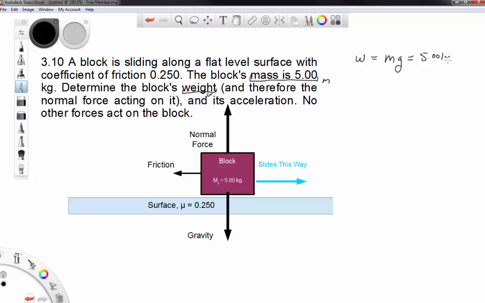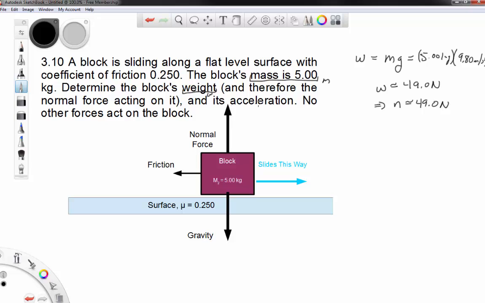So this is 5 kilograms times 9.8 meters per second squared. If you multiply those two numbers together, what you will find is that the weight is approximately 49.0 newtons. And therefore also the normal force is going to be approximately 49.0 newtons.